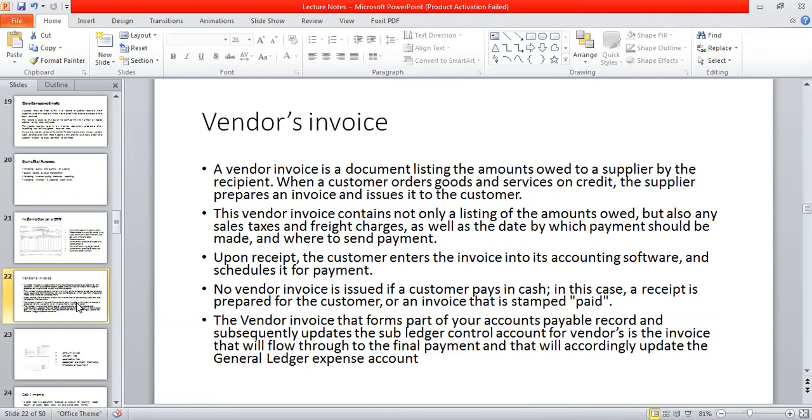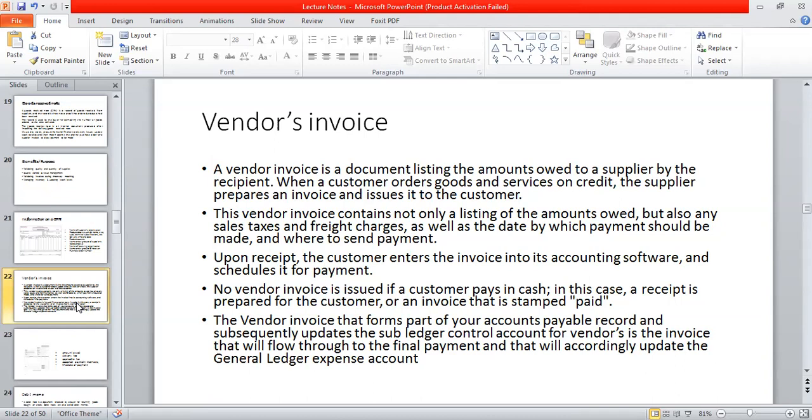So the payment terms will be included in the vendor invoice. Upon receipt, the customer enters the invoice into the accounting software and schedules it for payment. No vendor invoice is issued if a customer pays cash.